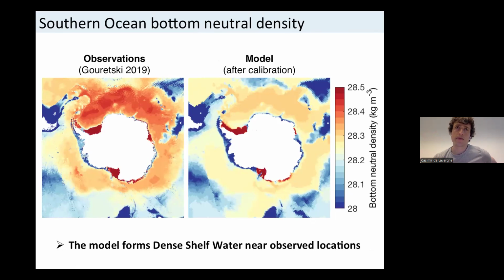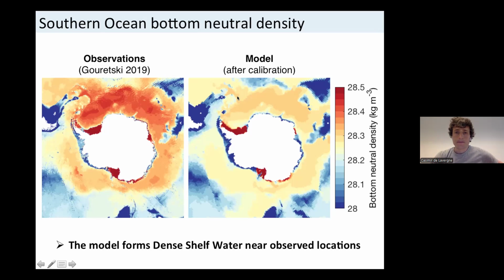That's the classical problem of Z-coordinate models, which have too much mixing along the continental slope, so that the bottom waters are eroded too quickly. And this still happens here. We get too strong a density loss as we go down the continental slope.